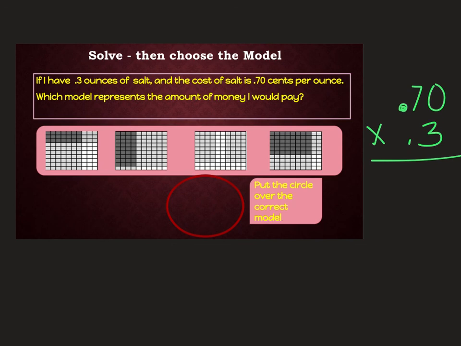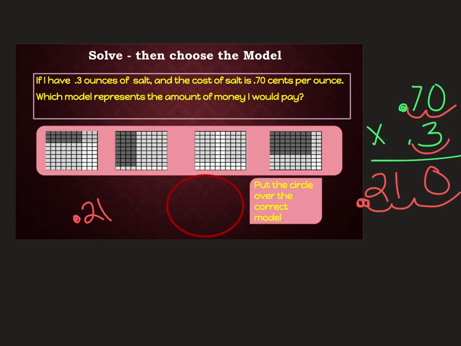So let's do that. 3 times 0 is 0. 3 times 7 is 21. That's an easy problem. 1, 2, 3 decimal places. 1, 2, 3. So the decimal is before the 2. So that means it's going to be 21 cents. So which model represents 21 cents?